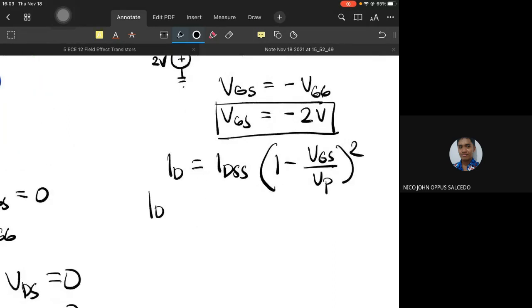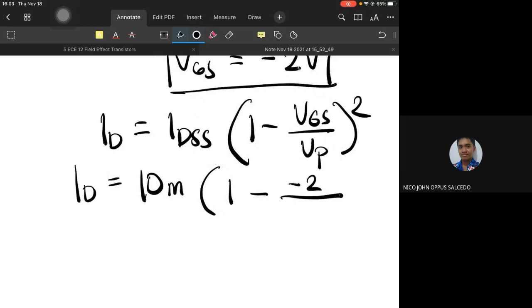So ID is equal to 10 milliamperes times 1 minus VGS, which is negative 2, over VP, given as negative 8, squared.